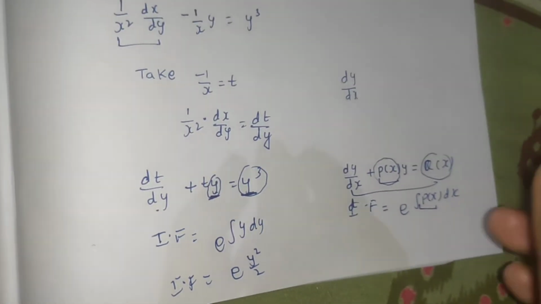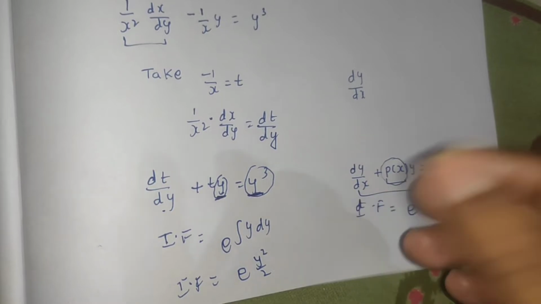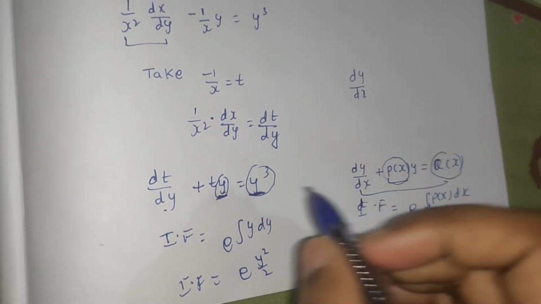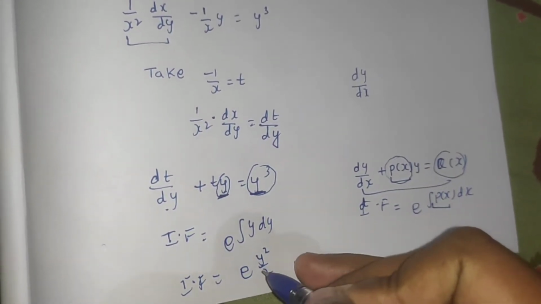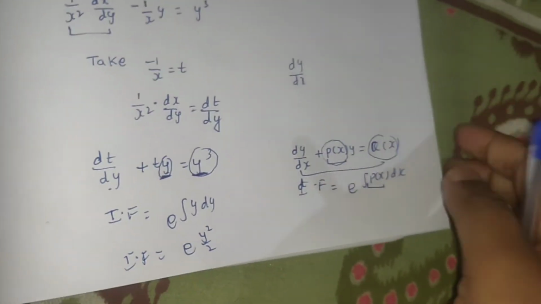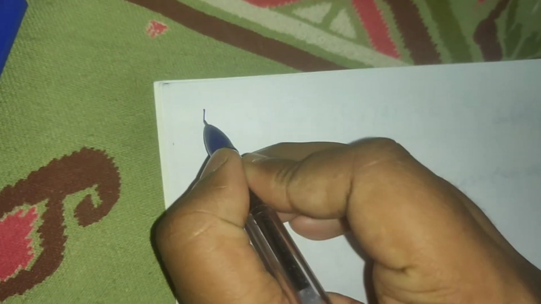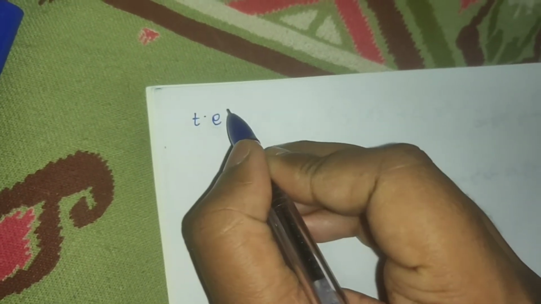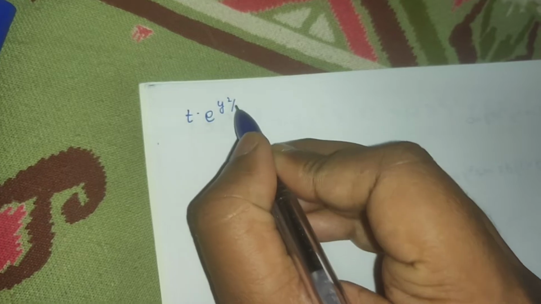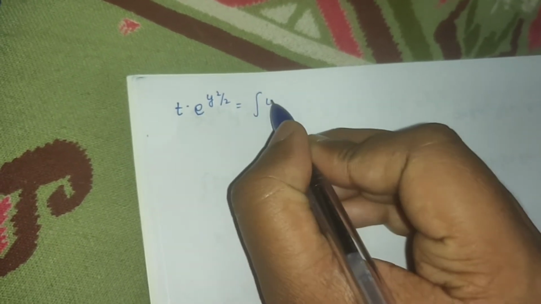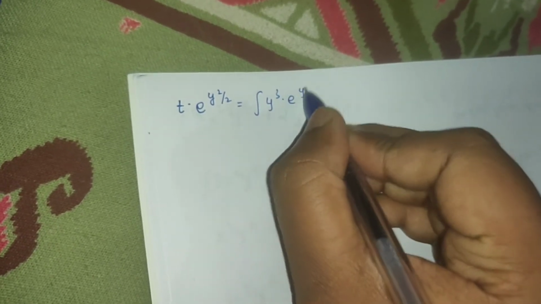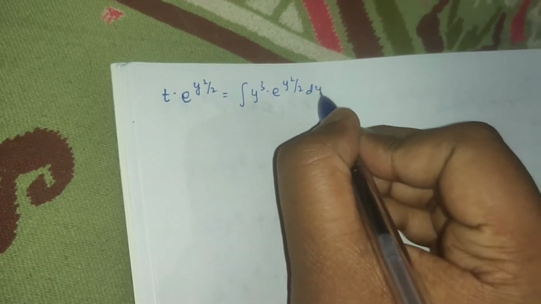Now the solution will be t into the integrating factor equals the right side into the integrating factor dy. So our solution will be t into e power y square by 2 is the integral of y cube into e power y square by 2 dy.